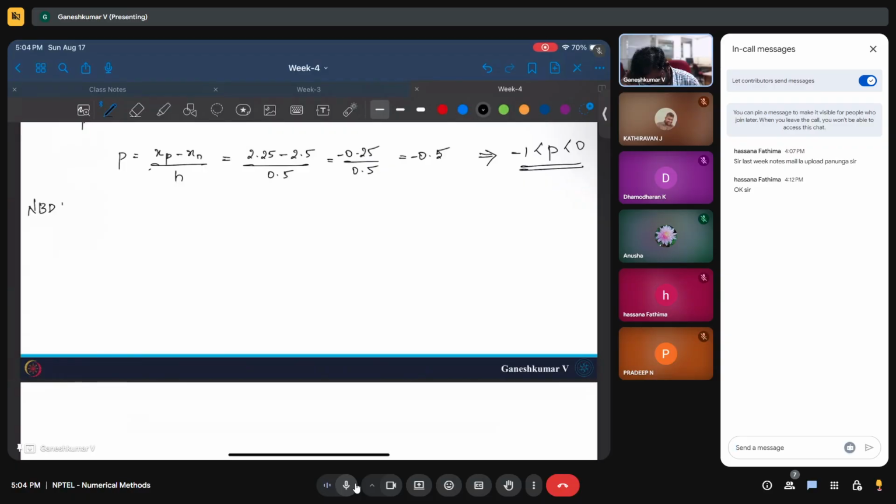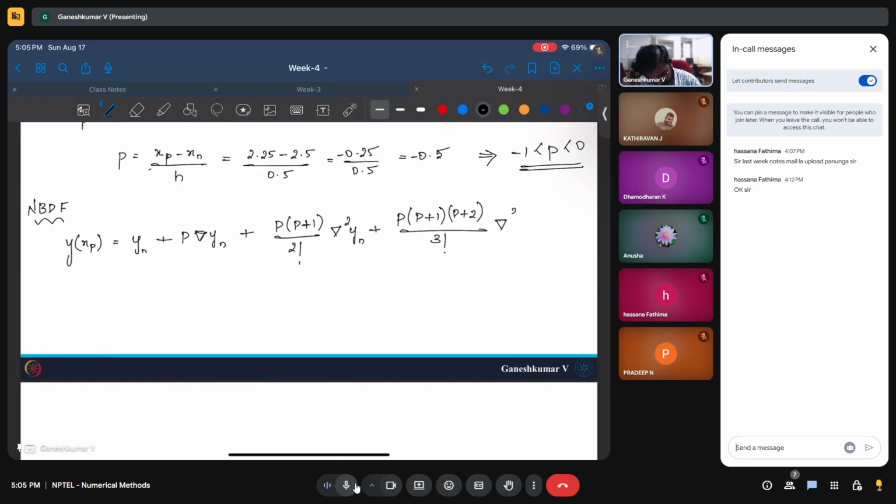Okay. So now, yeah, let's write down the Newton backward difference formula, which is y of xp equal to yn plus p nabla yn plus p into p plus 1 by 2 factorial nabla square yn plus p into p plus 1 into p plus 2 divided by 3 factorial nabla cube yn.